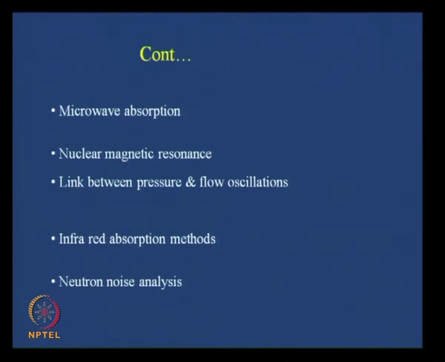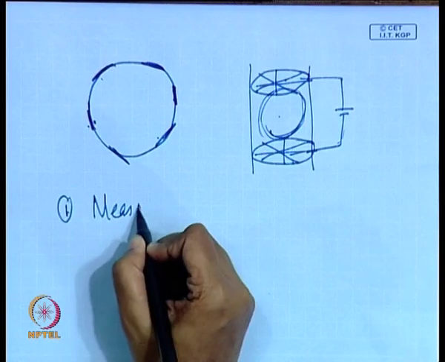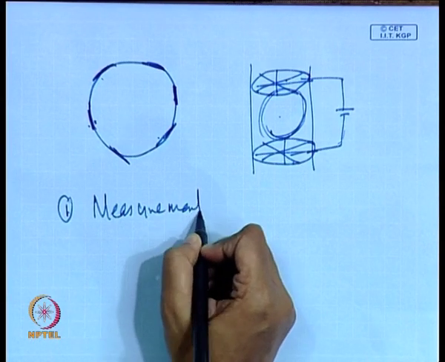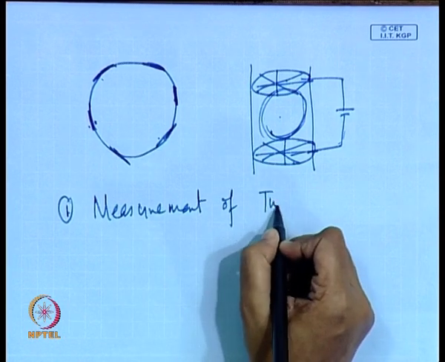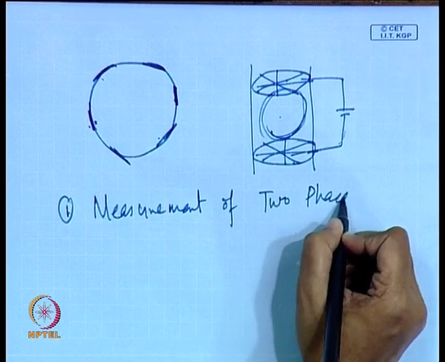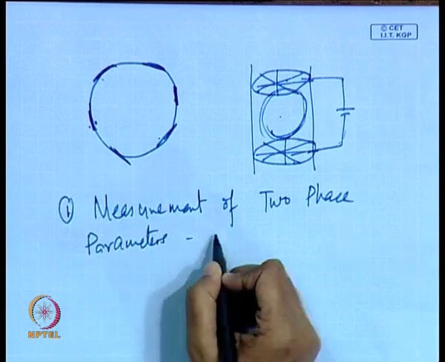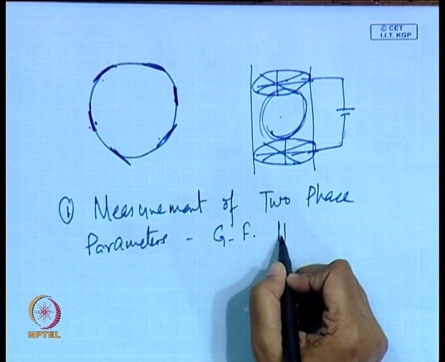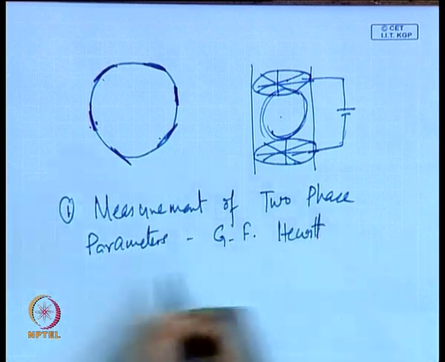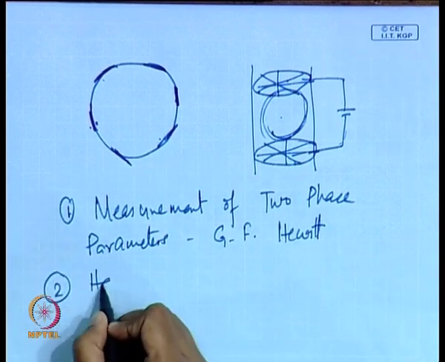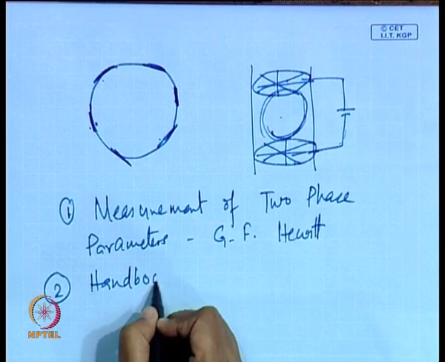Remember, these details you can get from the book by G. F. Hewitt, Measurement of Two Phase Parameters. Whatever you do not understand, you can come to me. Another book is also there in the library, the Handbook of Multi-Phase Systems.